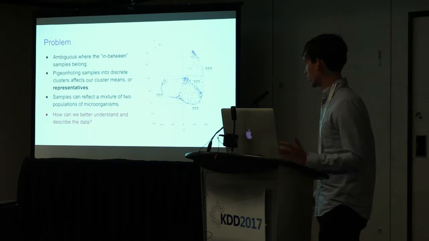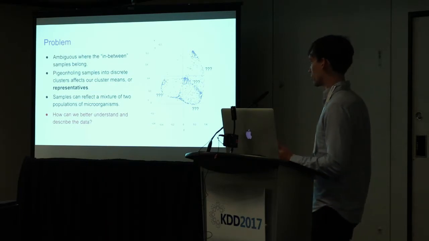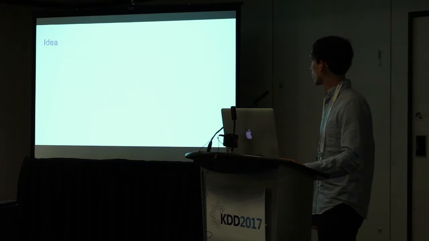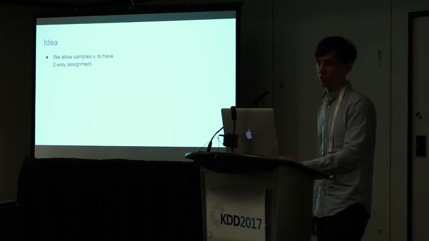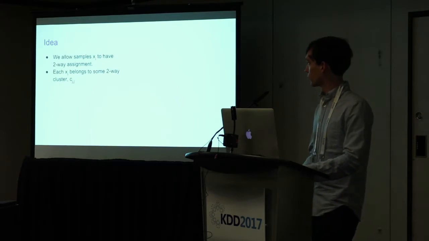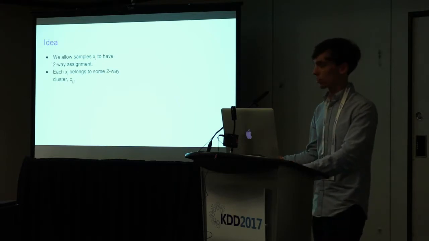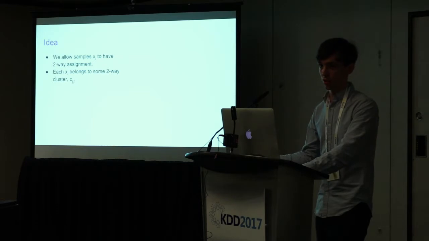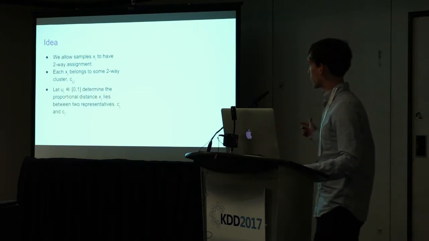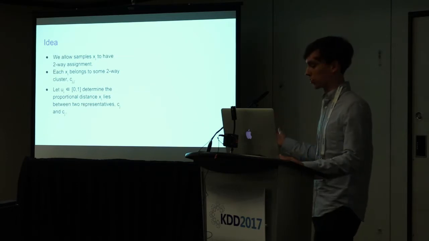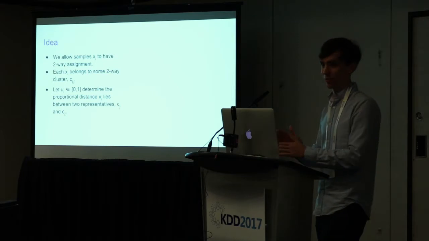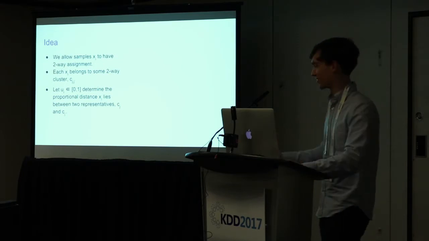So we asked ourselves, is there perhaps a better way of understanding and describing this data? Our idea was to allow samples to have two-way assignment. Formally, we say that each sample xi belongs to some two-way cluster, Cj, j prime, and we added an extra parameter u, which determined the proportional distance each point lay in between its two representatives.